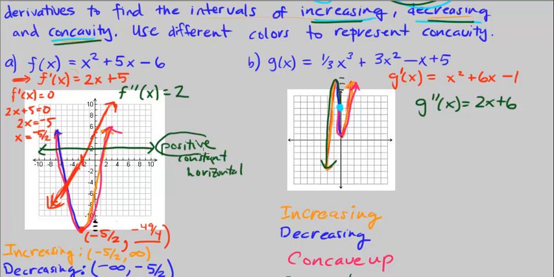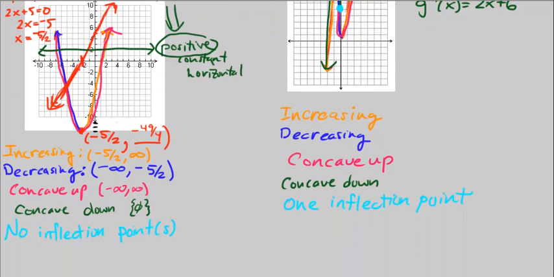The fact that it's positive everywhere is telling us that the concavity is up. So concavity from negative infinity to infinity is up, and nowhere is it down. Also, because this does not cross the x-axis, there is no point of inflection.